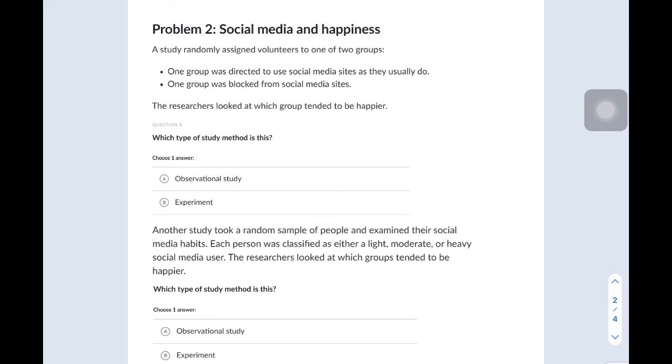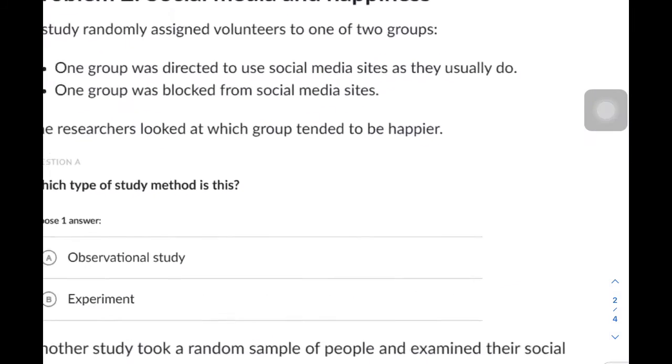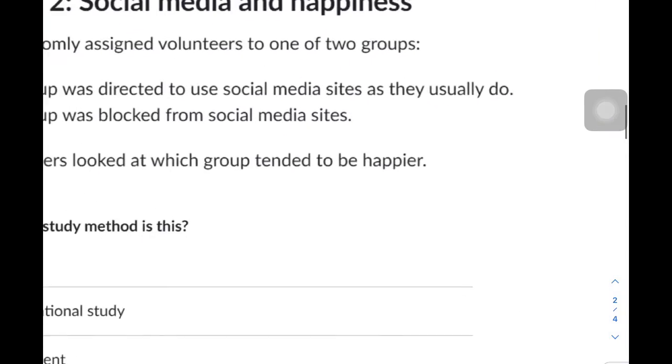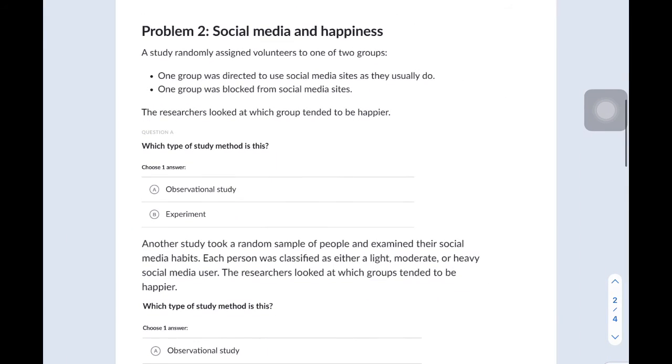So the study randomly assigned volunteers to one of 2 groups, and then one group was directed to use media and the other was not. All right, so we're telling the people what to do. That's an experiment. These 2 things are the treatments, using social media or not.